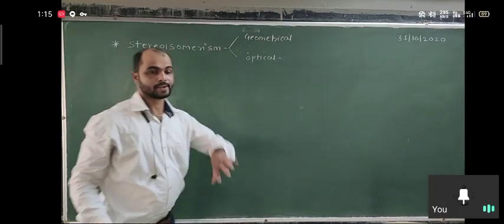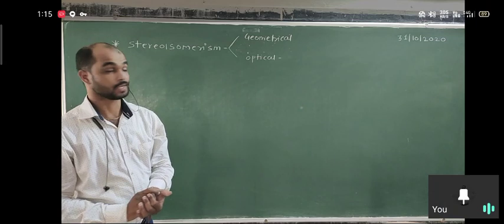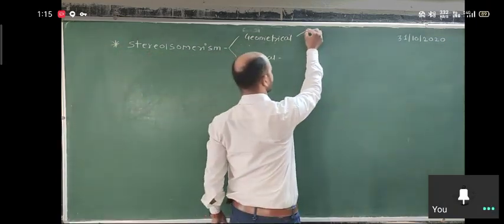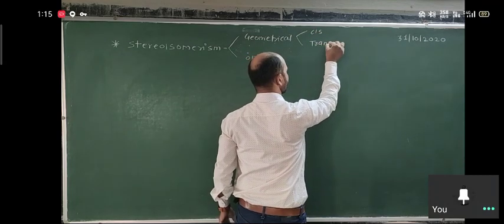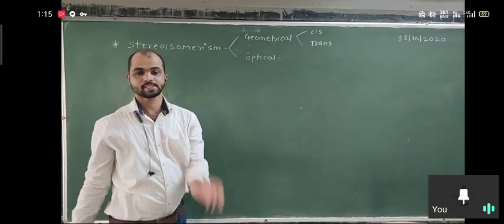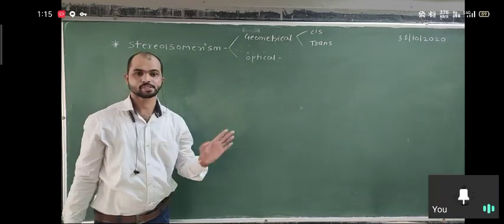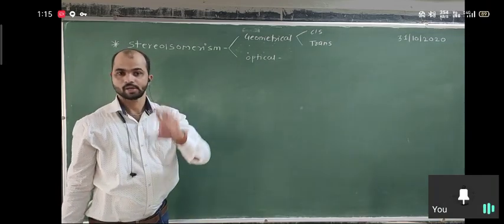Geometrical isomerism we again classify into two different types, the cis and trans. So either the complex is cis or trans, same as in organic chemistry, but in organic chemistry we consider the double bond and here we consider the central atom or ion.